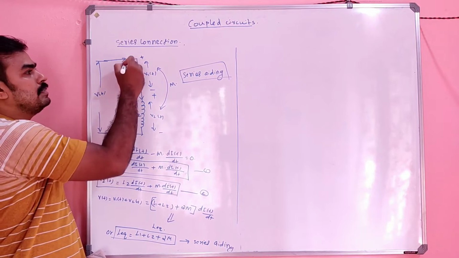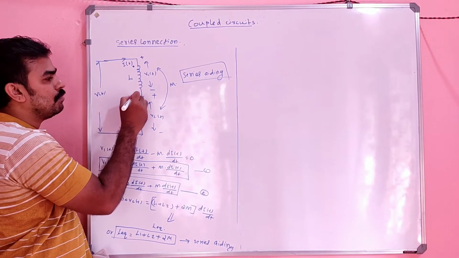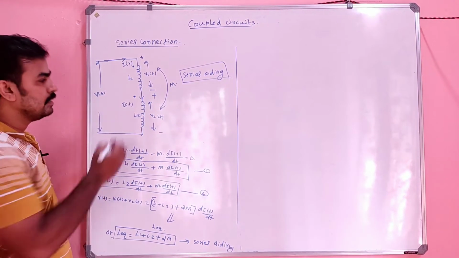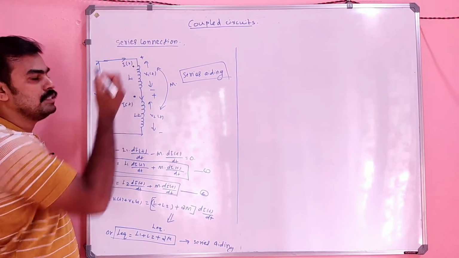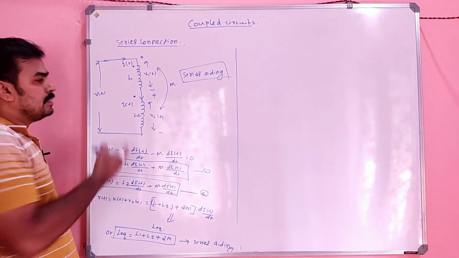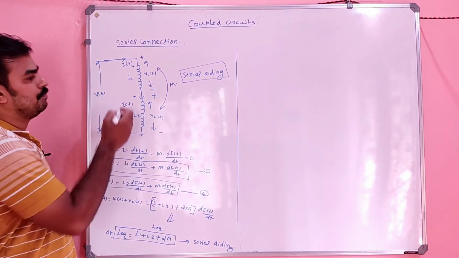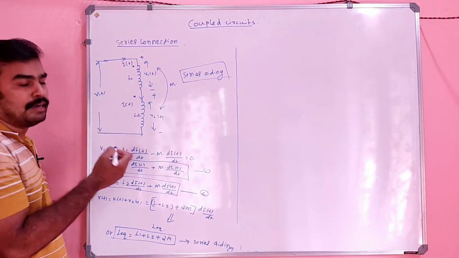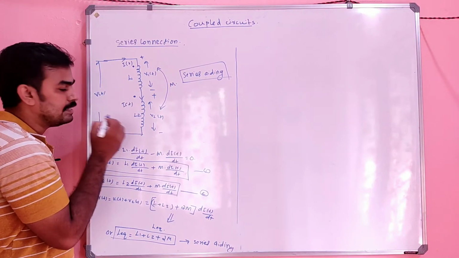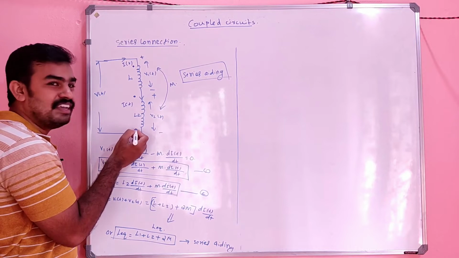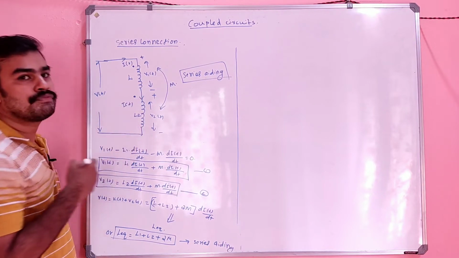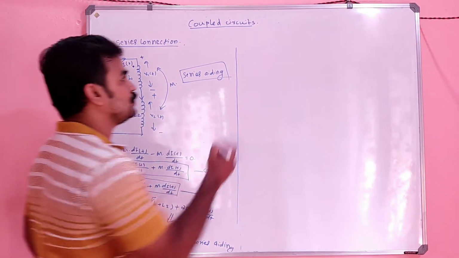That means in the circuit the current is entering both coils at the same side, right? Suppose the circuit is arranged in such a manner that the current enters from here in this direction and this current enters from here. That is called series opposing.